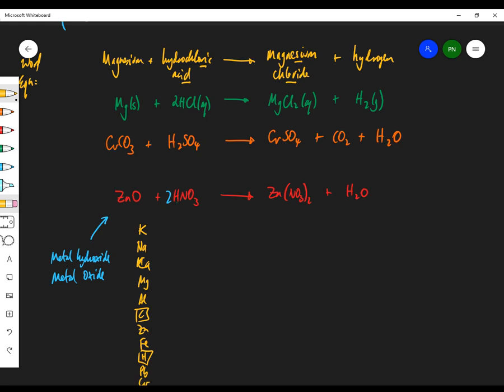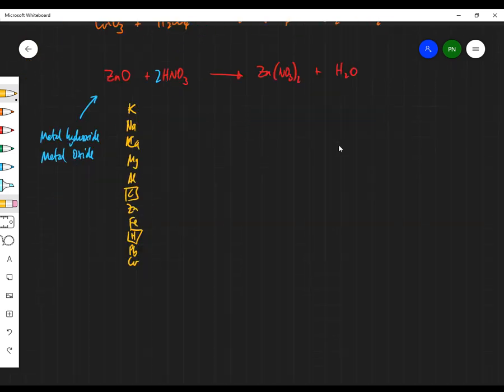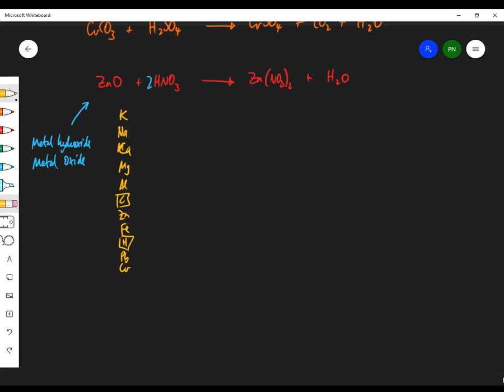Now I've got the reactivity series there. Let's move this up a tiny bit. Acids will only react with metals above hydrogen in the reactivity series. So acids will react with these metals, but it won't react with these metals.